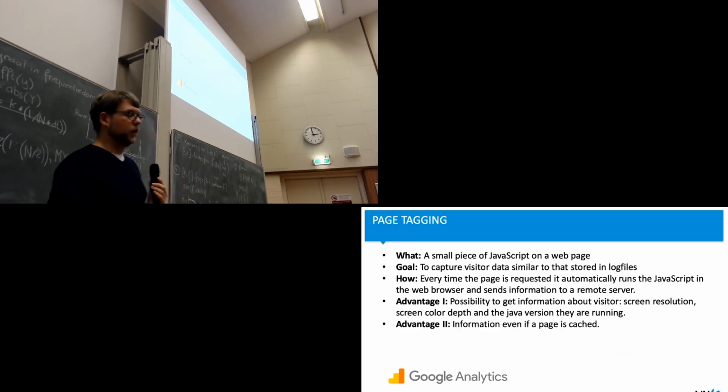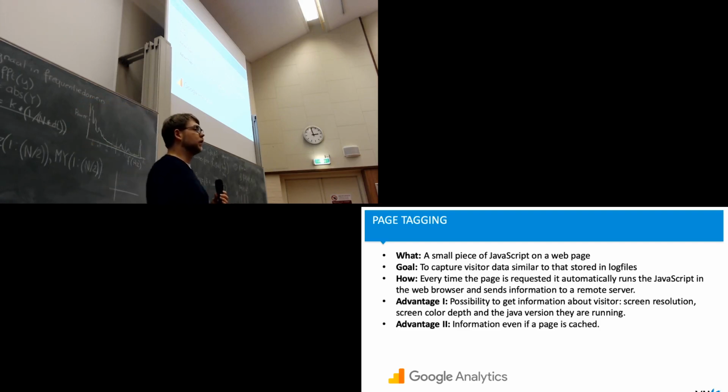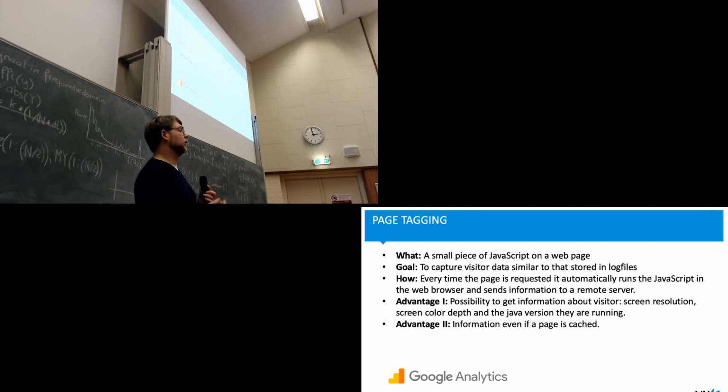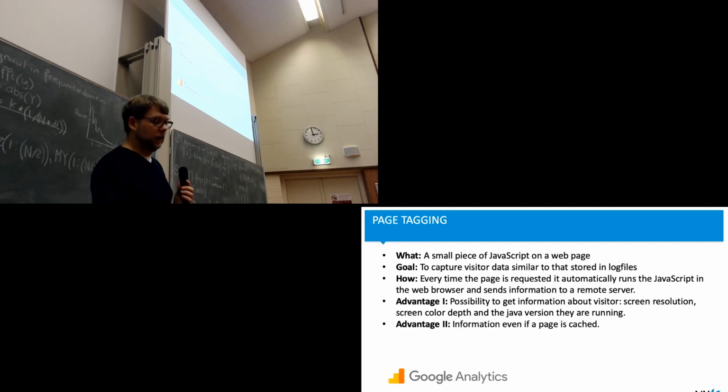To advance this, you can also use page tagging, so simply using JavaScript to get more information out of the user session. One of the most common products using this is Google Analytics, simply to get more information out of the log files, to get a more detailed understanding of the user.